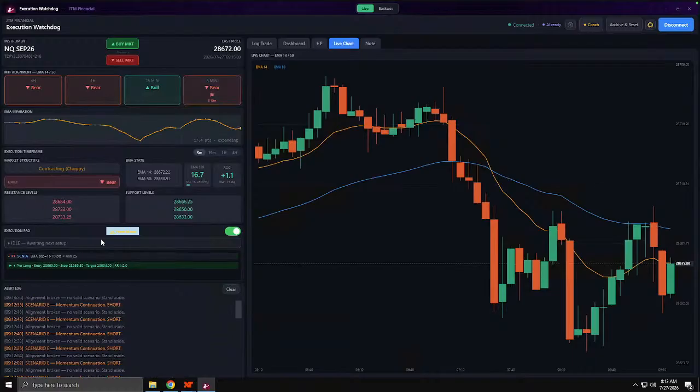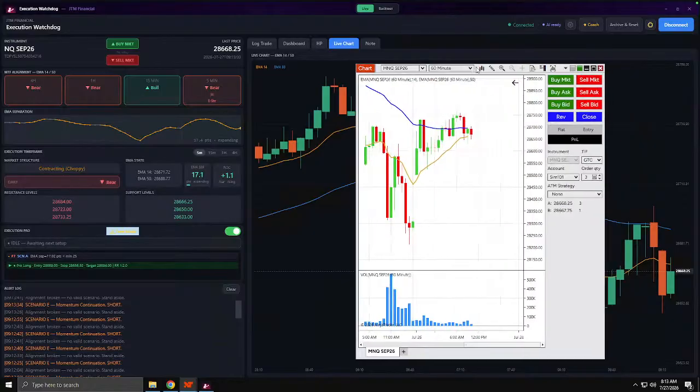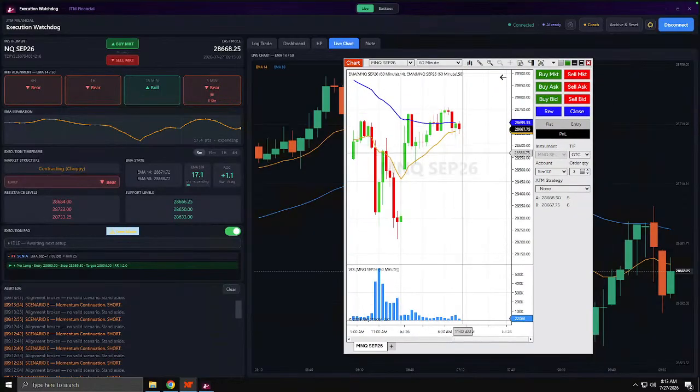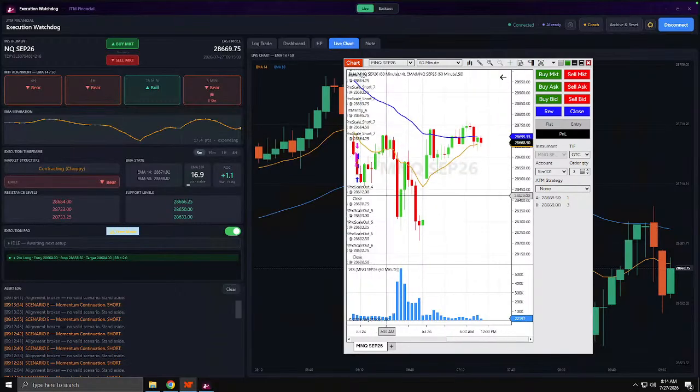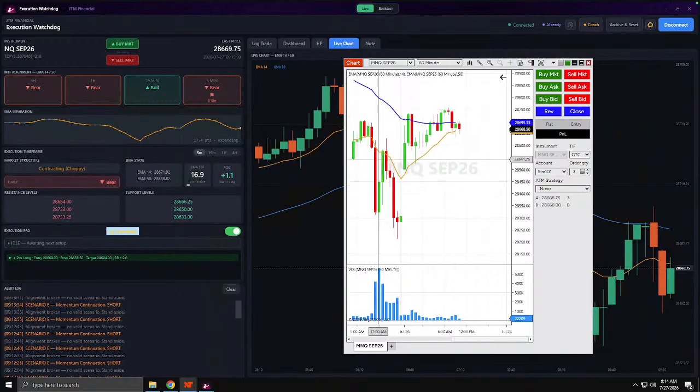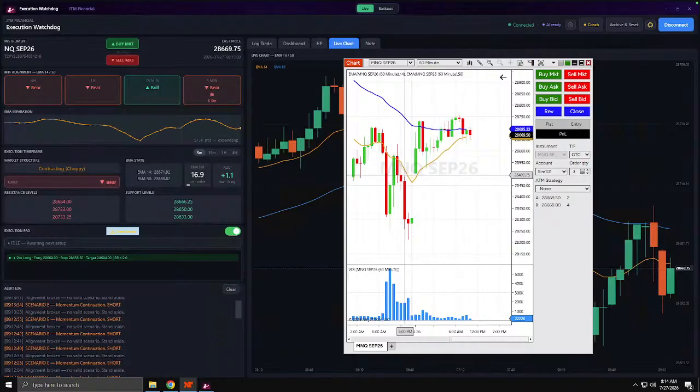As we can see, we had a huge gap at the open, right? So let me bring my chart here. This is my NinjaTrader, which I'm using to track the market. So this is our open here. We had a huge gap, right?